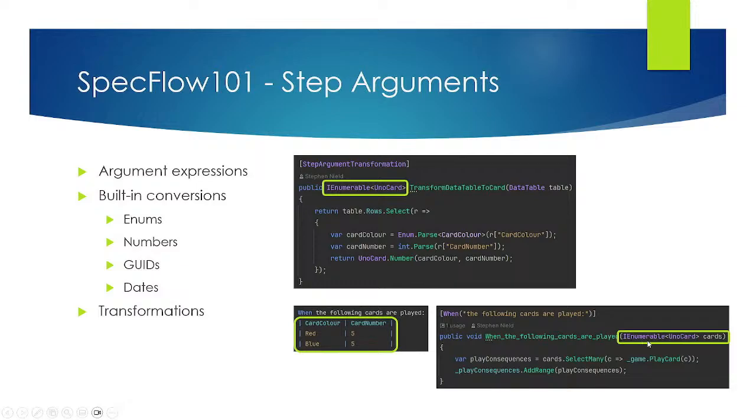In our test step, we just have the collection of cards as an input. So we've got the input of the data table and the output of the collection of cards. Automatically that transformation is going to know what to do, and that saves us having to do all this extra work every time. That's a pretty handy feature. It's also worth noting that when we create these transformations, we need to add this attribute, StepArgumentTransformation, for that to work.